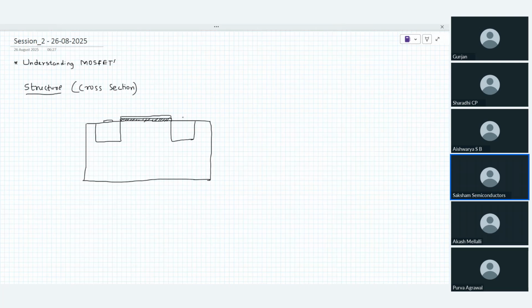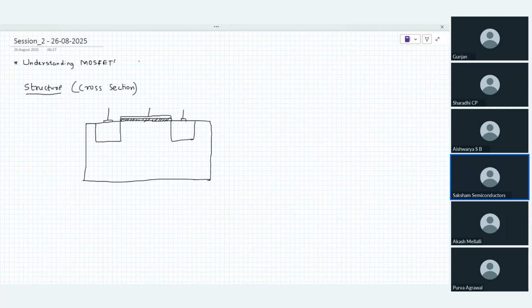I'll name what exactly they are. There would be something like this structure, and as of now I'm not going to define what kind of MOSFET it is and how exactly I need to identify these MOSFETs. Let's do that sometime later, but this is how the cross-sectional view of that particular MOSFET looks.